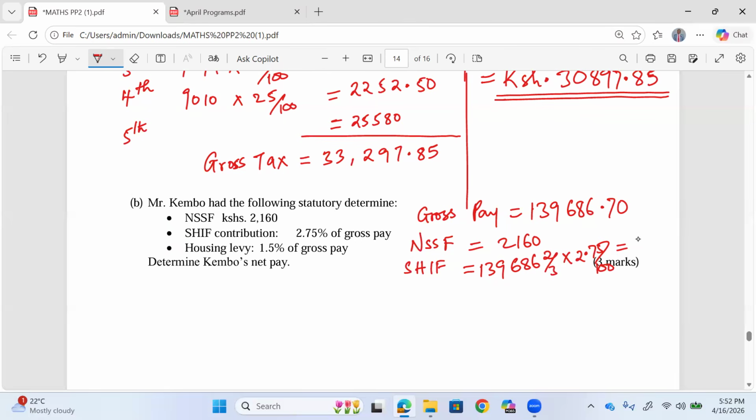Then we multiply by 2.75 out of 100. This is exactly 3841.38 Kenya shillings, or we can round it to 3841.40.